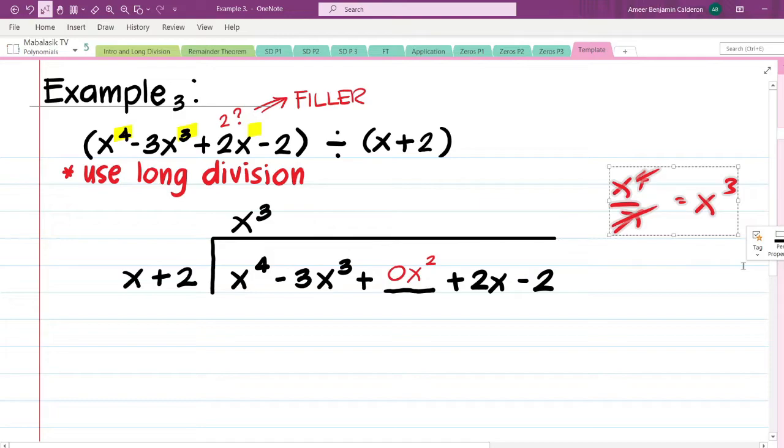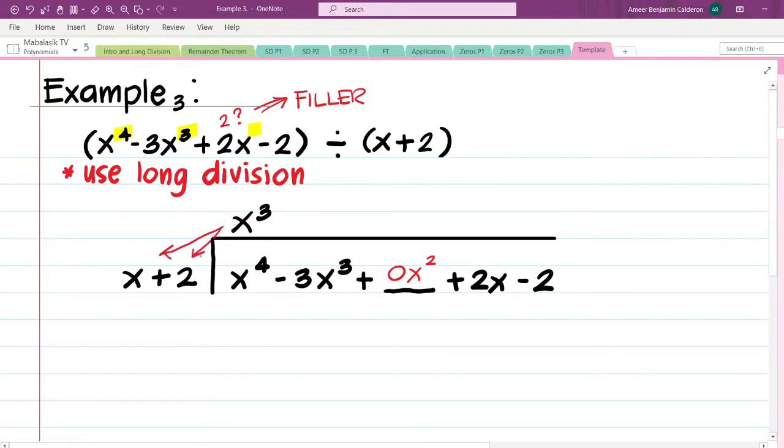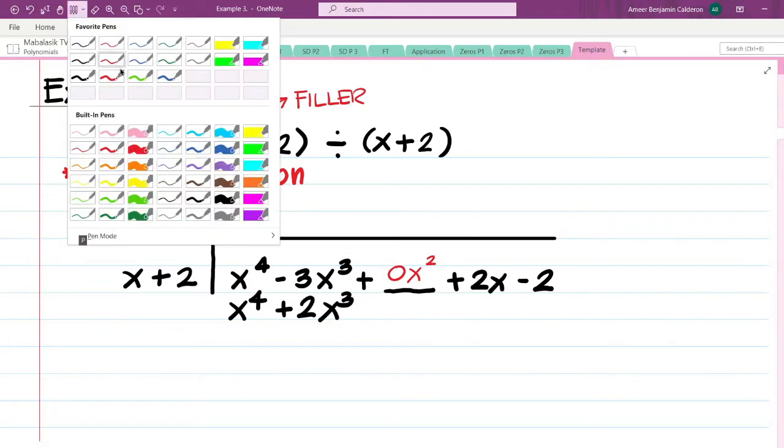And then, after dividing those two terms, the quotient of that, you will multiply to both terms of the divisor, sort of like distributing. So we have x cubed times x, that's x to the fourth, and then x cubed times 2, that is positive 2x cubed. Now, let us change the signs.